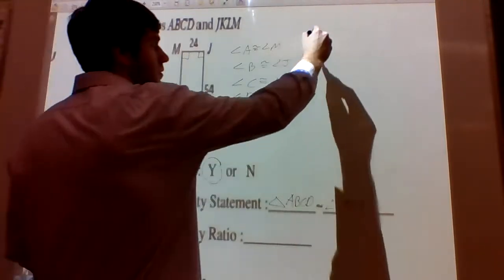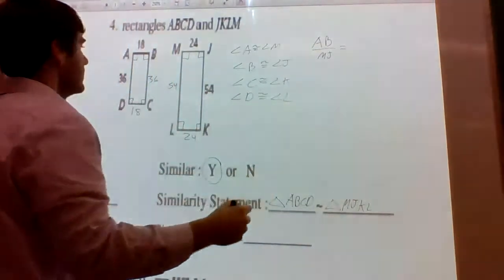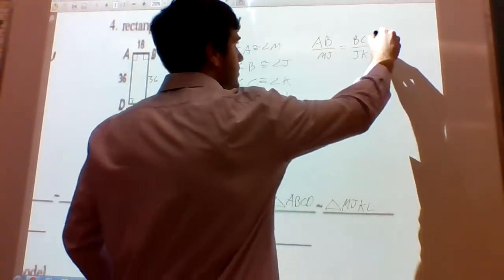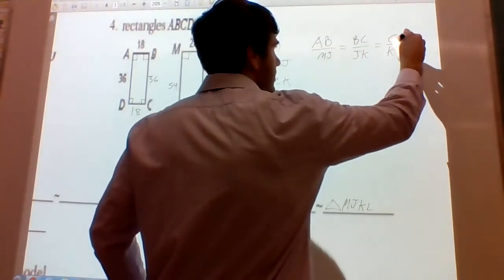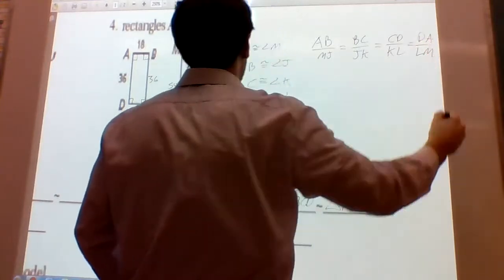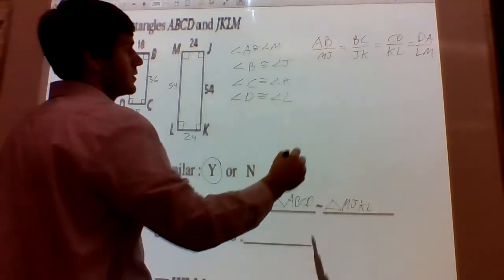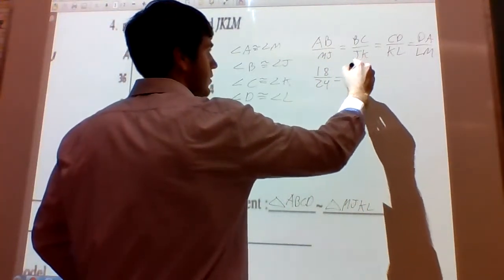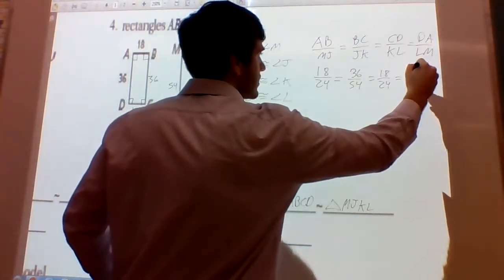So AB is to MJ, and that should equal BC and JK, which should equal CD and KL, which should equal DA and LM. That is going to give us 18 over 24, 36 over 54, 18 over 24, and 36 over 54.